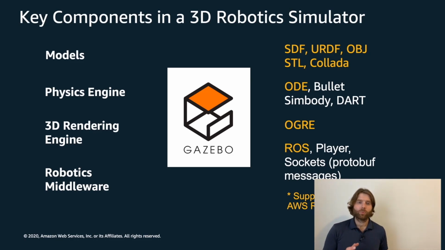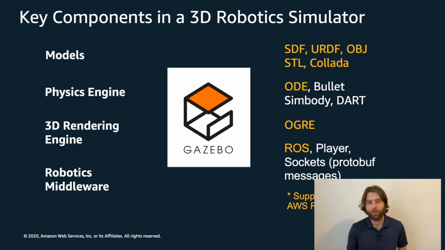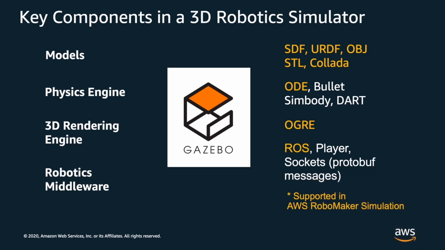Gazebo supports multiple 3D model types and physics engines, a 3D rendering engine called Ogre, and interfaces with a few different middleware software, including the Robot Operating System, which I have referenced throughout the presentation and will be a part of our demo today. AWS RoboMaker supports Gazebo 7 and 9, the Open Dynamics Engine physics engine, Ogre, and ROS applications.